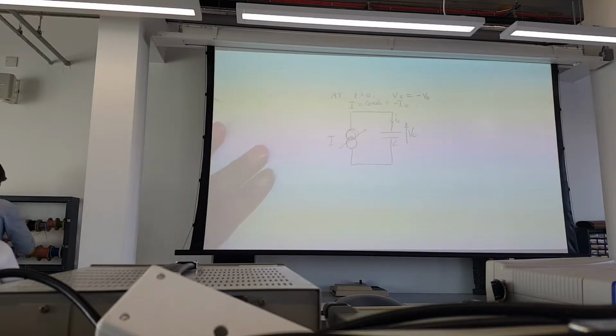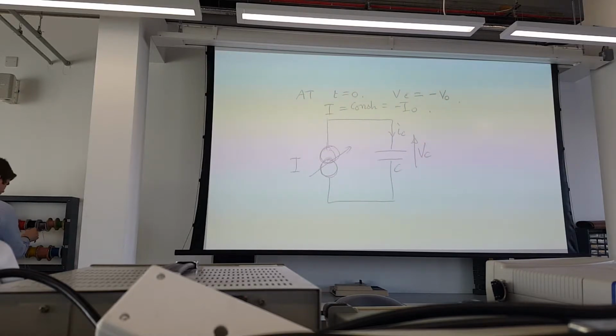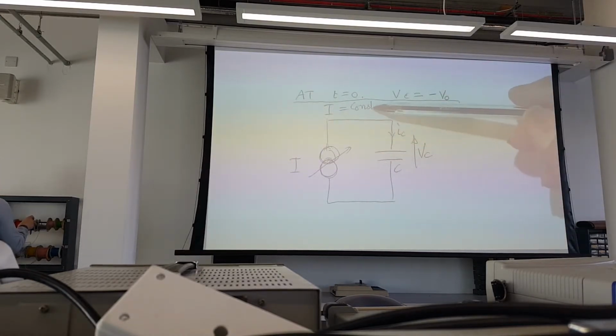What I've written? I can see it now. This is really important, this. Yeah, I is constant, and it's equal to minus I naught. There we go.